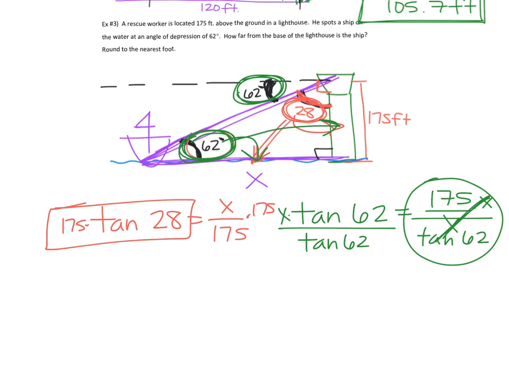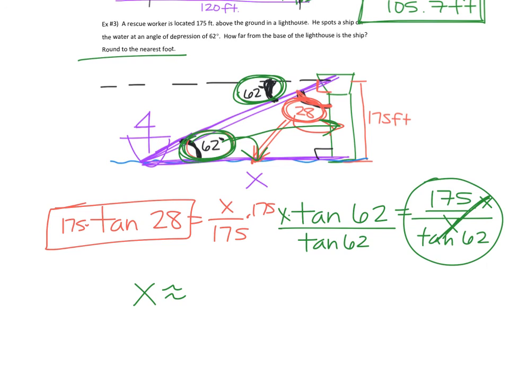If we go to the nearest, yeah, it says round to the nearest foot, what would that be? I did not draw this to scale, sorry. What'd you get? Nearest foot. So a whole number, no decimals. Did any of you plug it in?